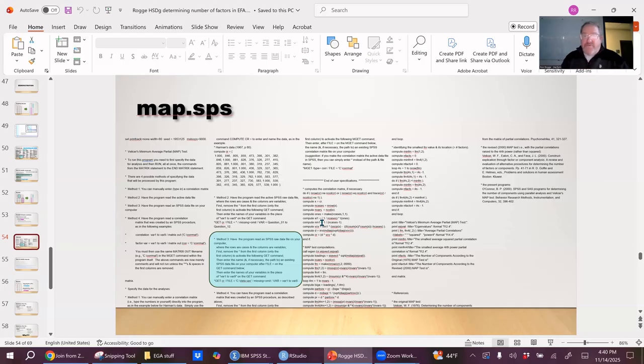Okay, this is the code for MAP, and where you have to change the code is a little further down. MAP just needs a correlation matrix. And there are many different ways to give SPSS a correlation matrix. So the opening syntax will be like option 1, describe a paragraph, and then show you how to do it. Option 2, option 3. I just used option 3, had it calculate the correlation matrix from my data.